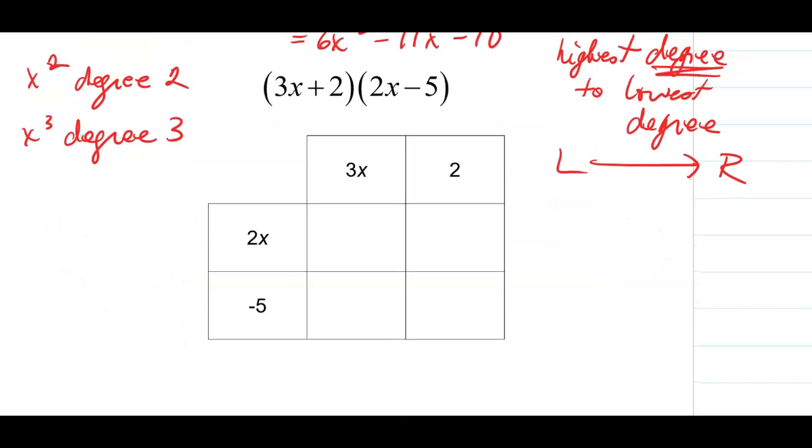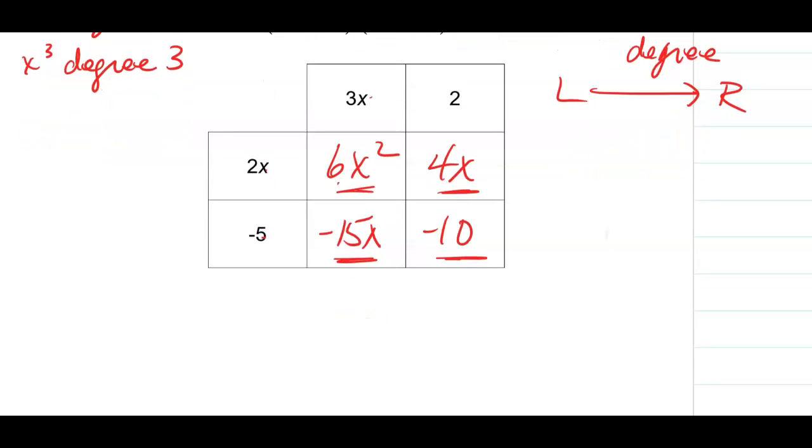Again, this example could be done with the table here. So 2x times 3x, 6x squared. 2 times 3 is 6, x times x is x squared. Here we have a 2x times 2, which is a 4x. Down here we've got a negative 5 times 3x, which is a negative 15x. Over here we have a negative 5 times 2, which is negative 10.